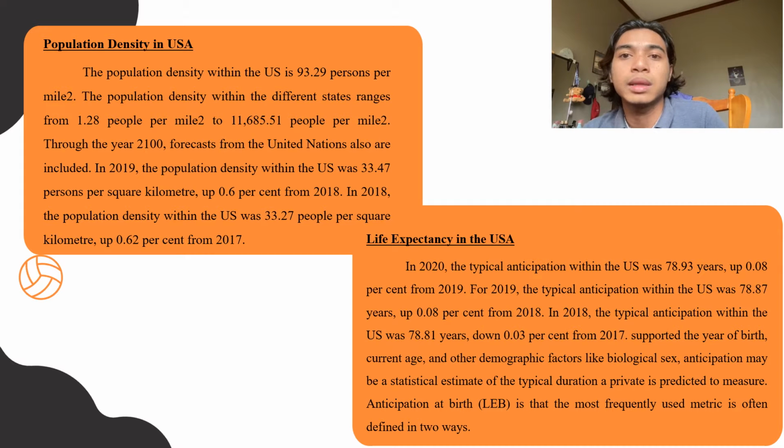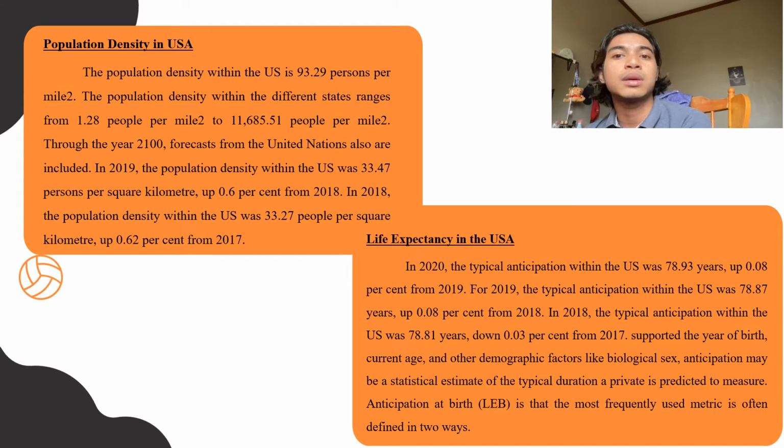In 2018, the typical life expectancy within the US was 78.81 years, down 0.03% from 2017.